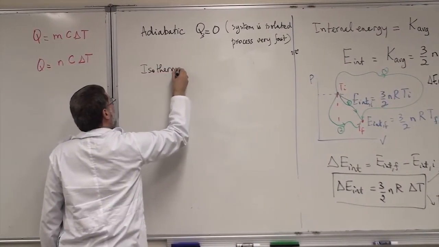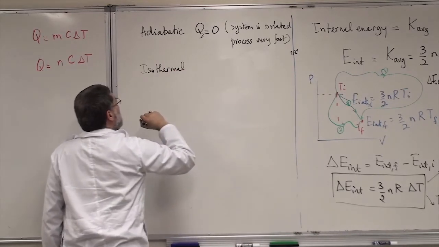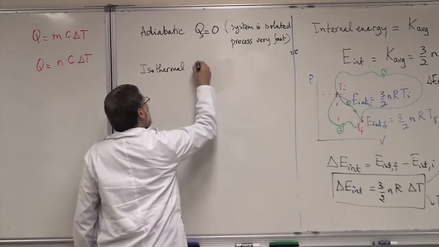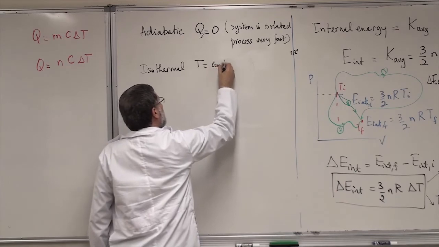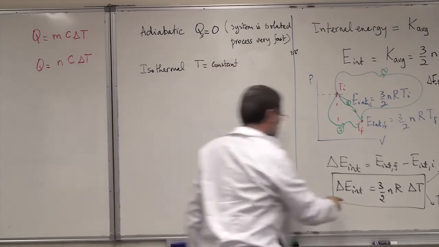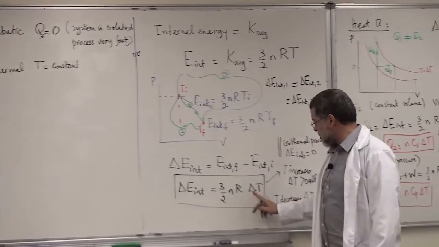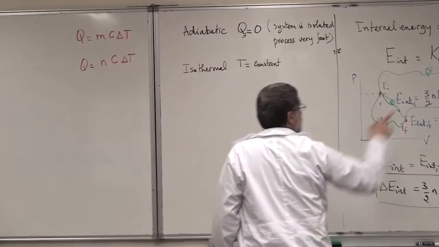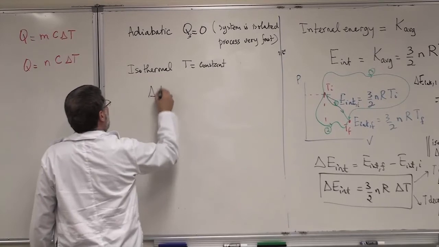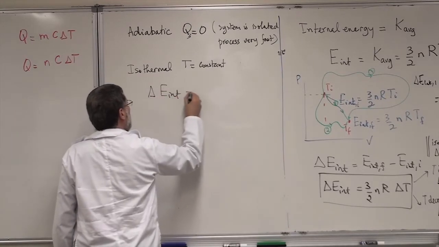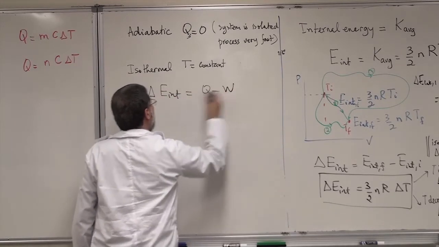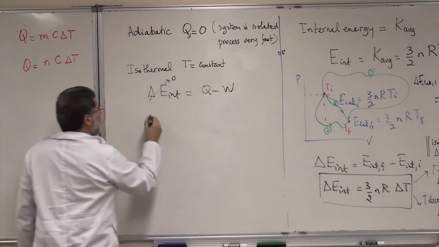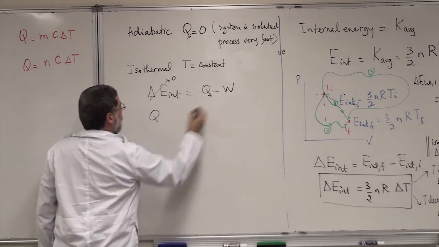For the isothermal process, remember the isothermal temperature is constant. If the temperature is constant, delta E internal will be 0, okay? And we go to that equation here, delta E internal is equal to Q minus W. This is 0 here. It means that the Q, I'm going to call it Q4.